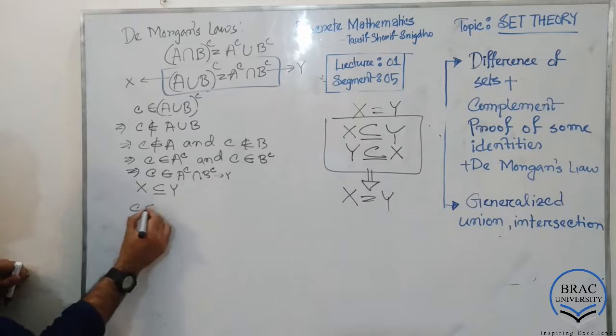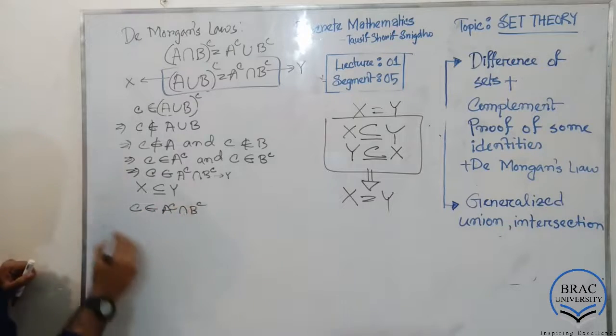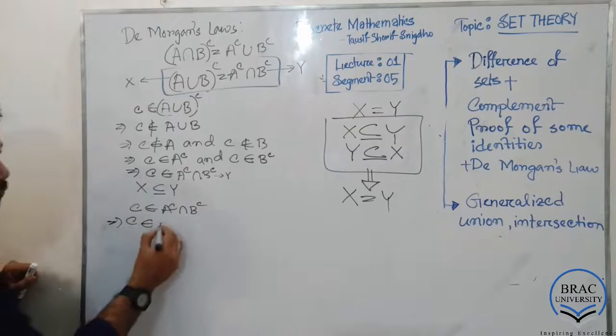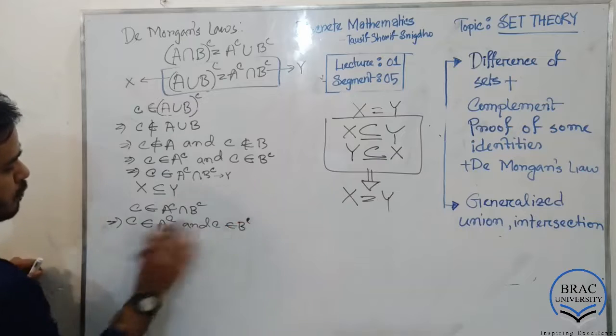And now we'll start from here. Let's assume c belongs to A prime intersection B prime. That means c belongs to A prime and c belongs to B prime, both of them.